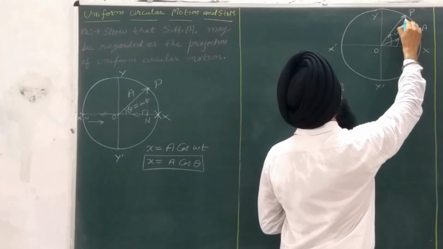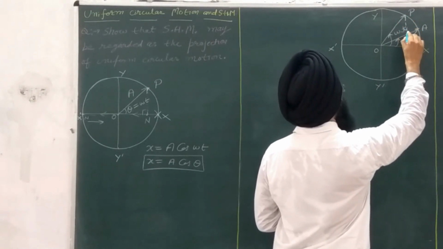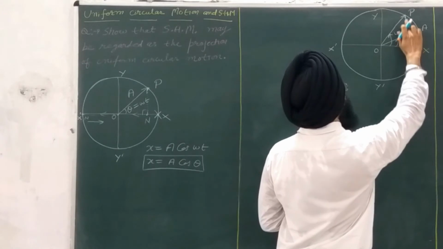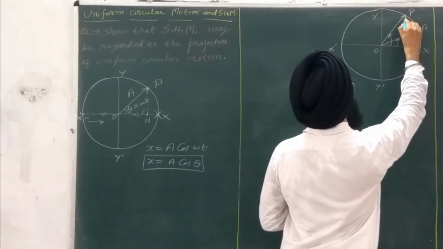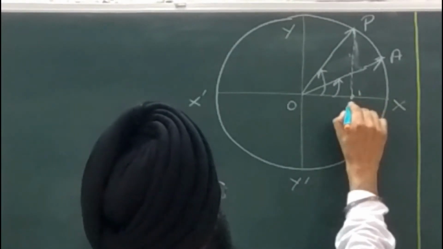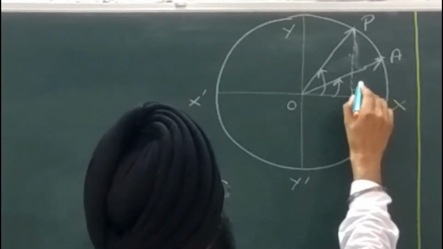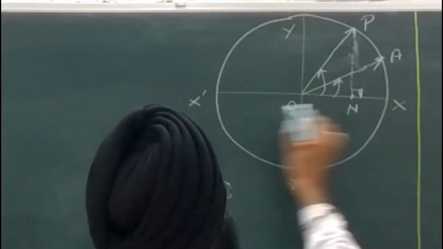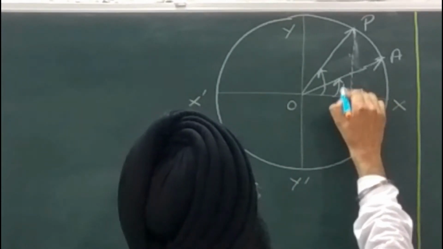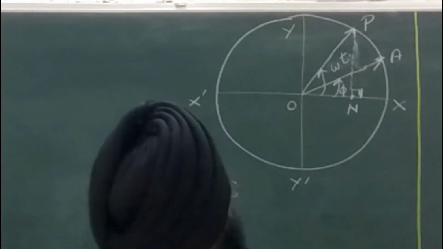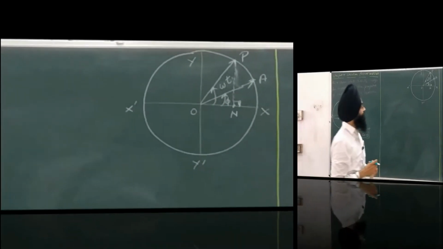Let us discuss that this point P makes a projection perpendicular N on the diameter x dash O x. This is angle phi, this is angle omega t.